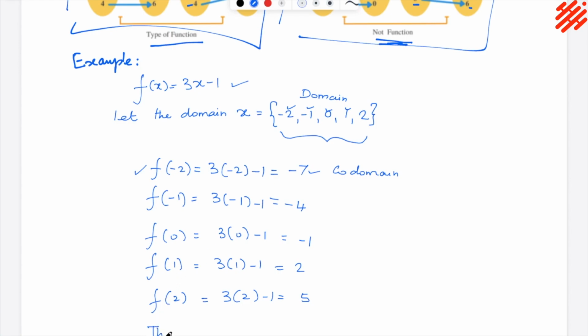So the range equals the set of all output values, that is all the codomain values: -7, -4, -1, 2 and 5. These are called the range. Each value is a codomain value.